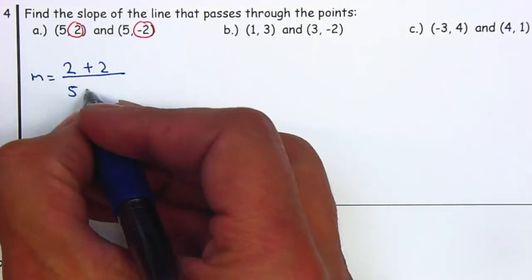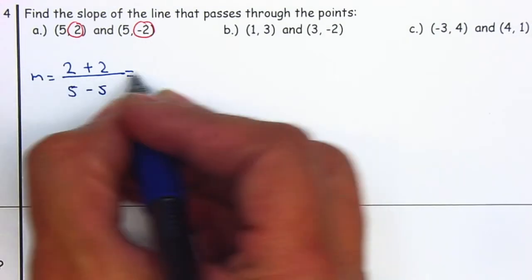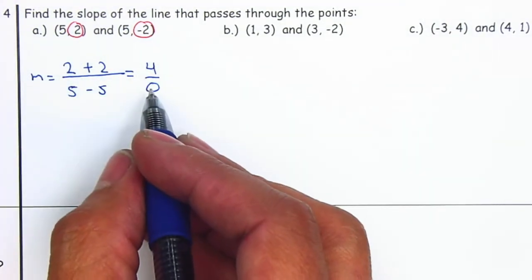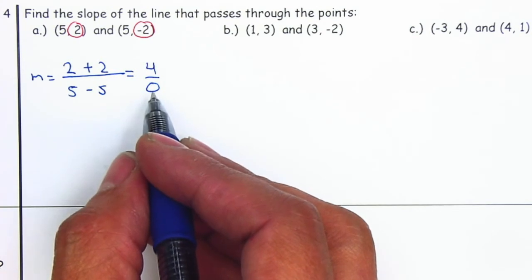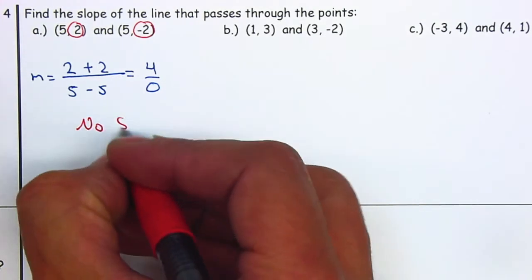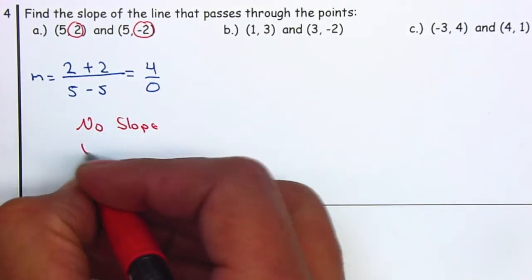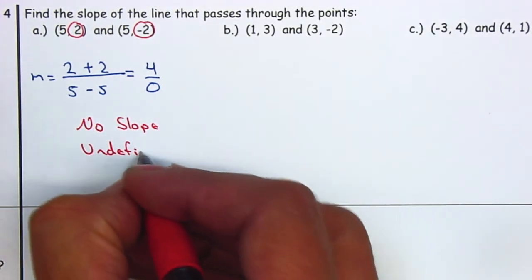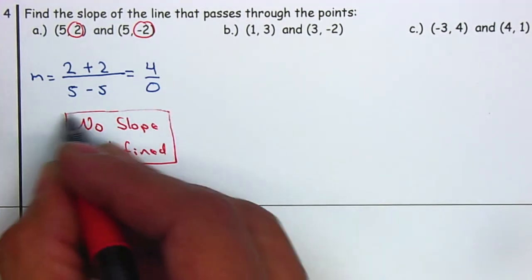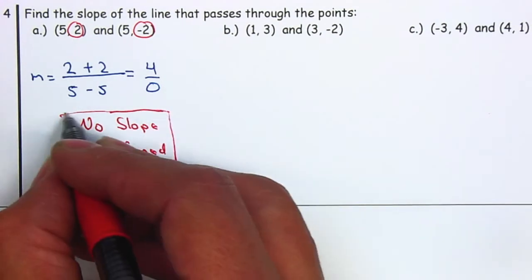This is a positive, will be a negative 5. So it gives us 4 over 0. Now, remember that we cannot have a 0 in the denominator. So that will be no slope or undefined. Undefined means that it's not defined, so we have no slope. It's not possible.